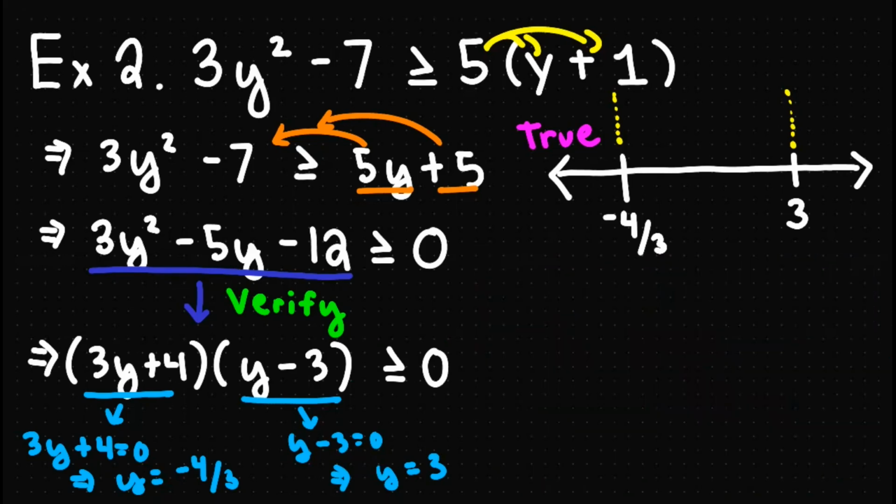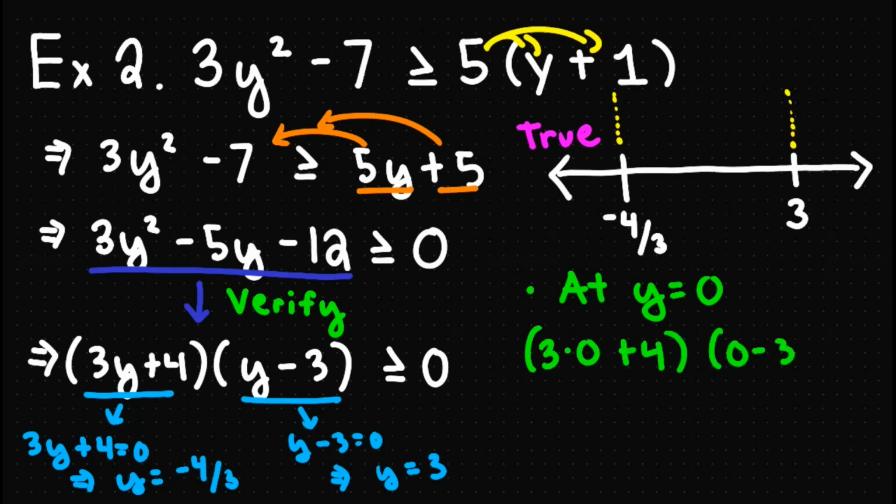For the next region, let's take this region out here. Since this one is negative and this one is positive, we can take y equals 0, since we are sure that it is in the middle of a negative and a positive number. So at y equals 0, we'll have (3 times 0 plus 4) times (0 minus 3).